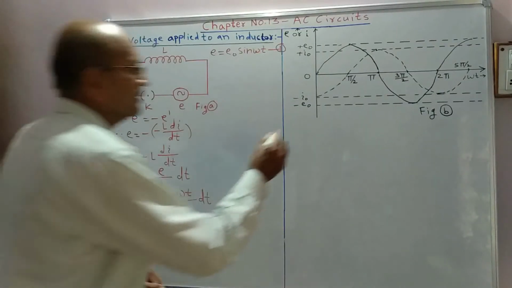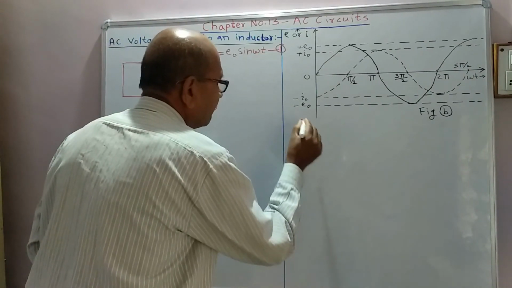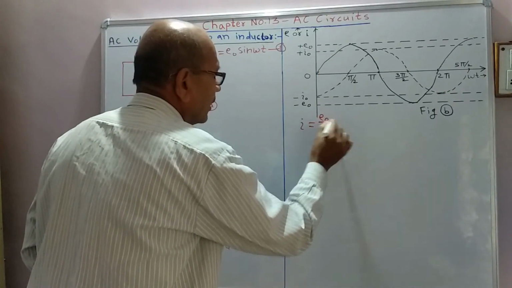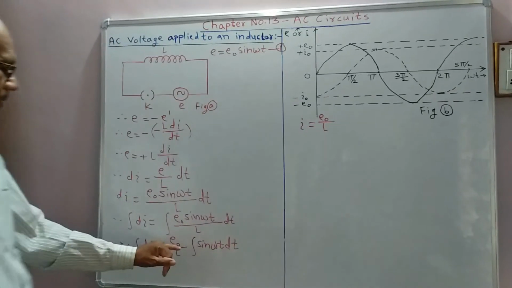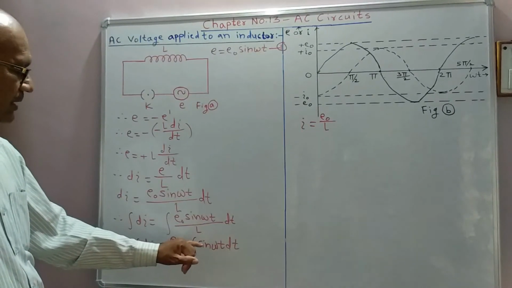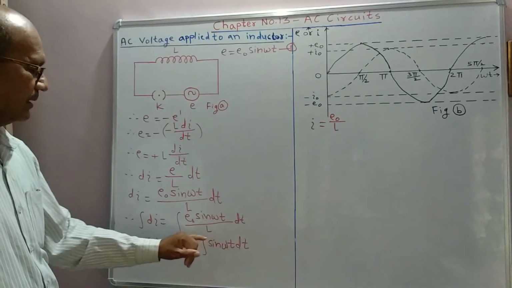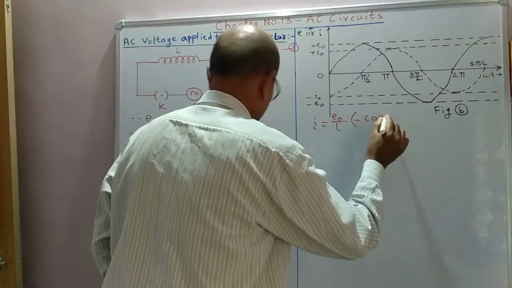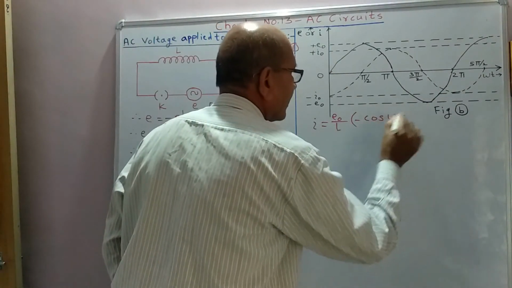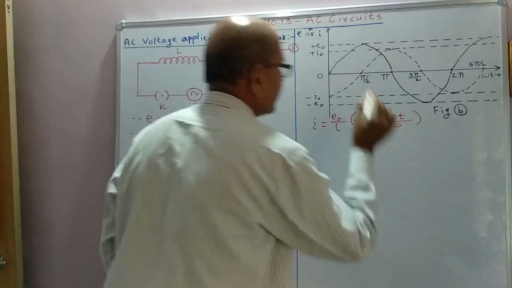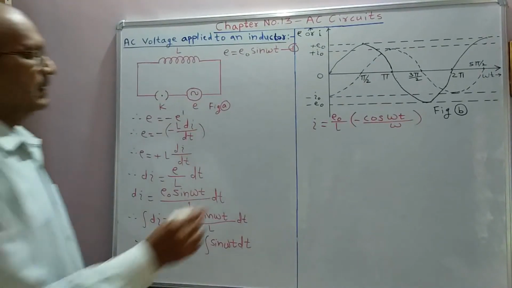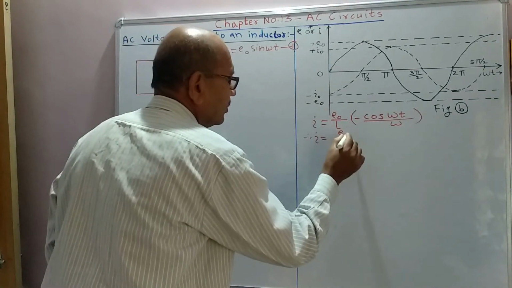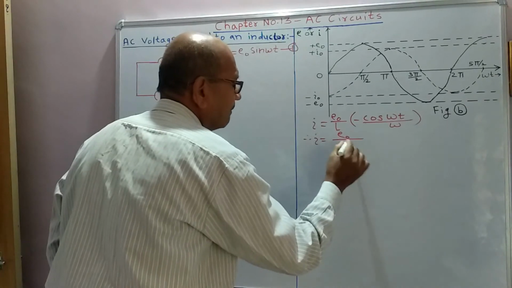Integration of di is I equal to E naught upon L. Now here integration of sine omega t dt is minus cos of omega t upon omega. Therefore, I is equal to E naught upon omega L.